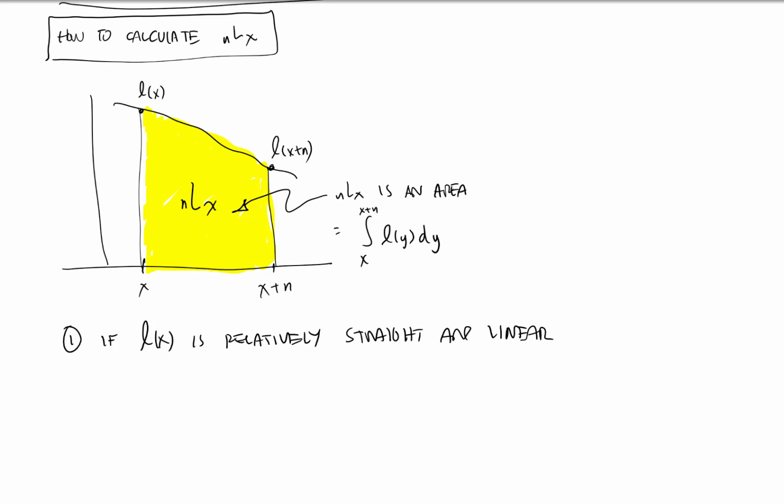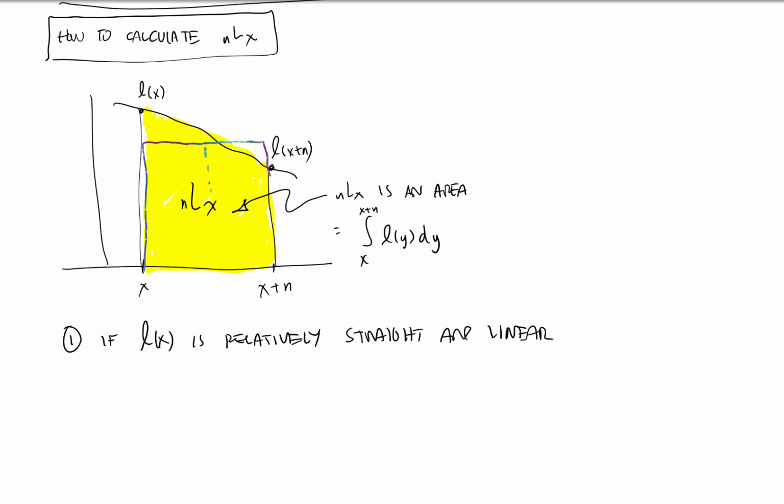If n is short, then we can approximate L of x as being relatively linear. And if that's the case, then we can approximate this area in yellow by a rectangle that looks like this. If it's linear, then we can approximate the yellow area by the area underneath the rectangle.